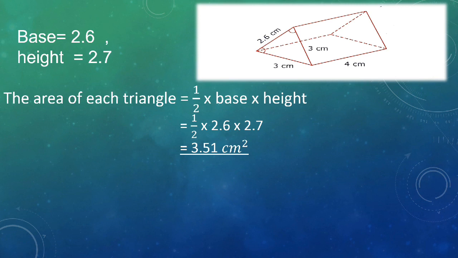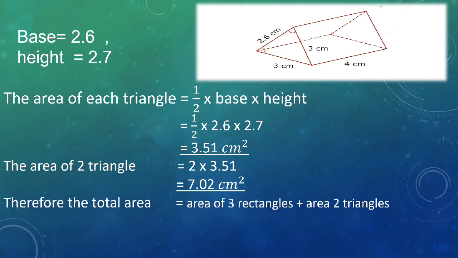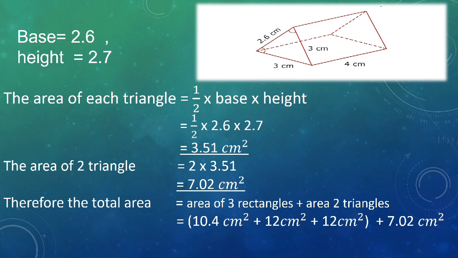So we have 2 times 3.51. So the answer is 7.02 centimeters squared. So therefore, the total area of our triangular prism is 10.4 centimeters squared plus 12 centimeters squared plus 12 centimeters squared, which is our area of three rectangles, plus 7.02 centimeters squared, the area of our two triangles.